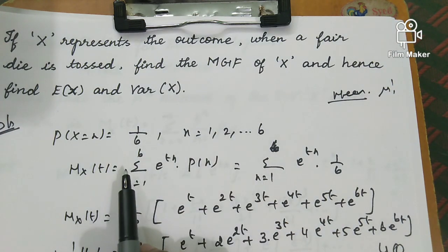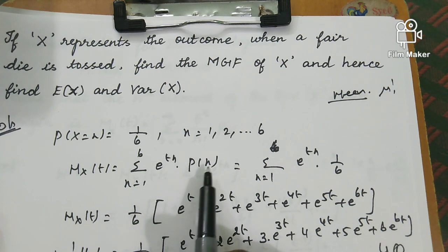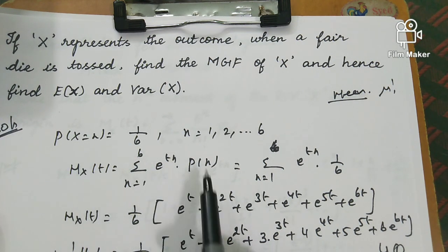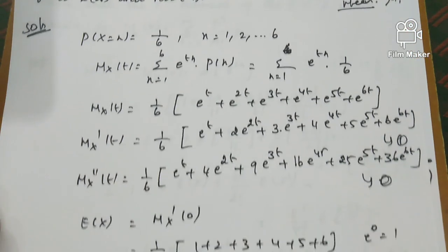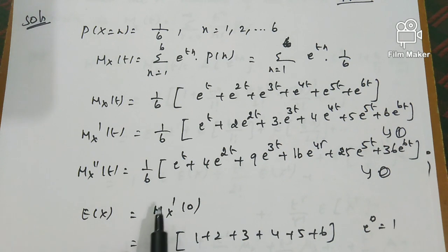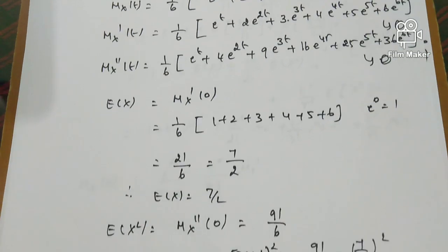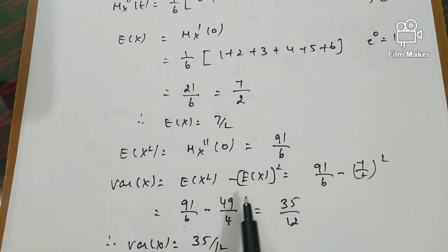So Mx of t is nothing but the sum of e power tx into p of x, where x takes the values 1 to 6. Substituting the values, we get Mx of t. First derivative, put t equals 0, that is our E of x. Second derivative, put t equals 0, that is our E of x square. Variance of x equals E of x square minus E of x the whole square. Substituting the values, we get the variance as 35 by 12.